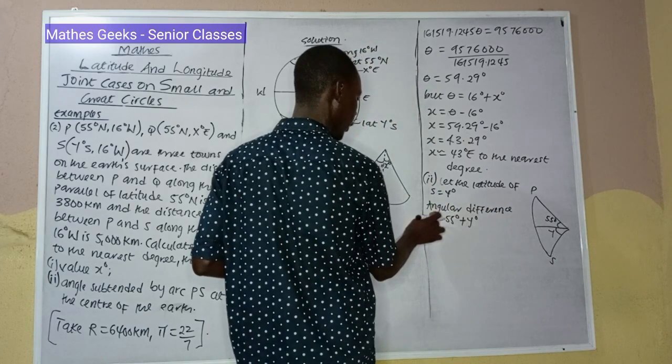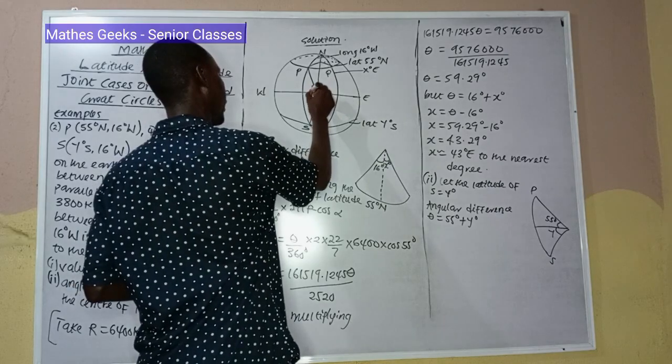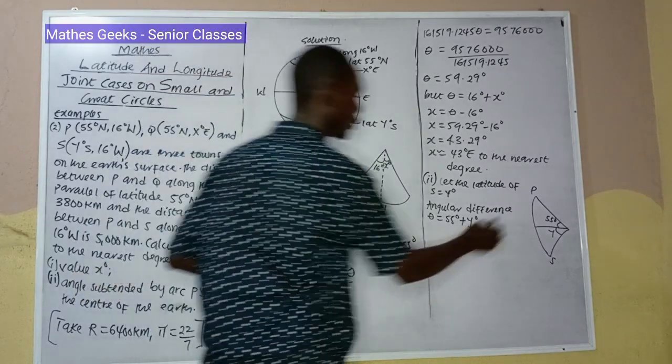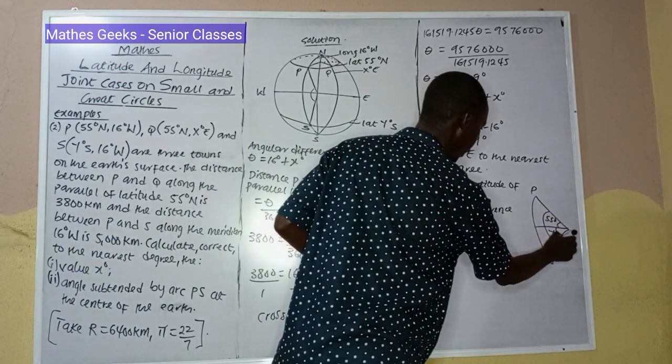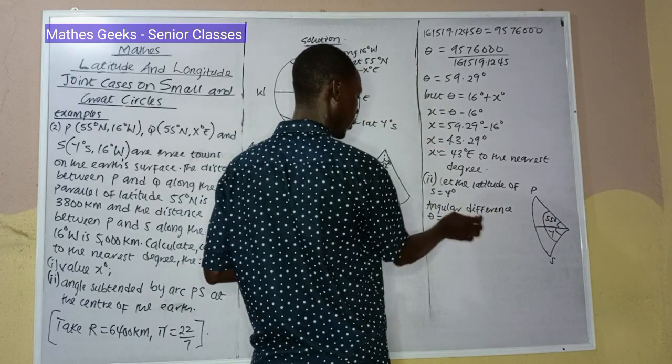What we really need is theta, the angle subtended by the arc. Once we get the angular difference, we can find y.